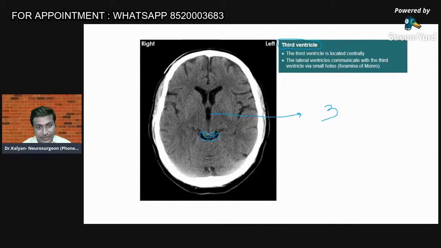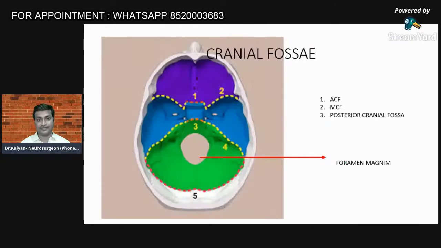These are the superior colliculi and inferior colliculi. What do you call this smiley-like structure? The smiley-shaped structure is known as the quadrigeminal cistern. This is known as the quadrigeminal cistern.